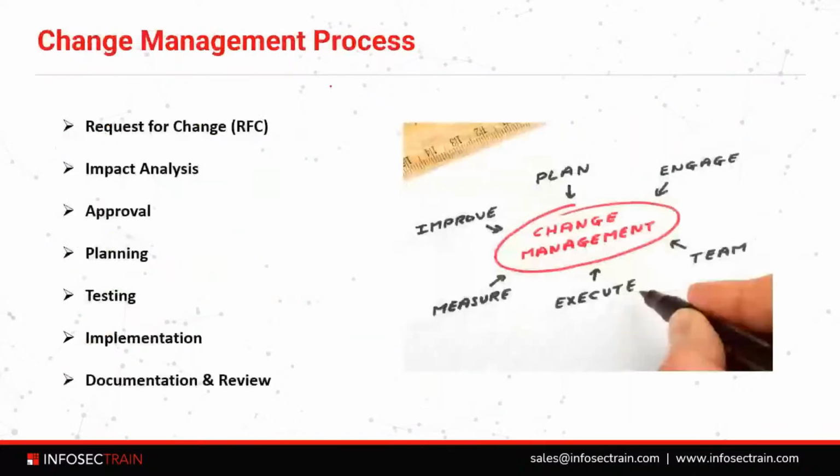Now, when we are talking about change management, we have a change management process where there are multiple steps. So first we have request for change, or we also call it change request.